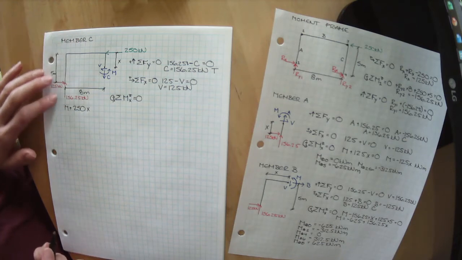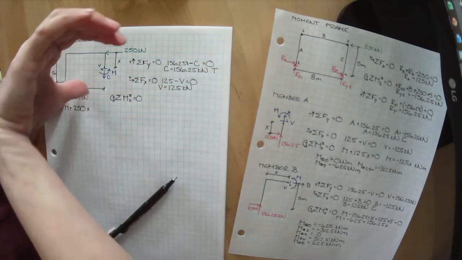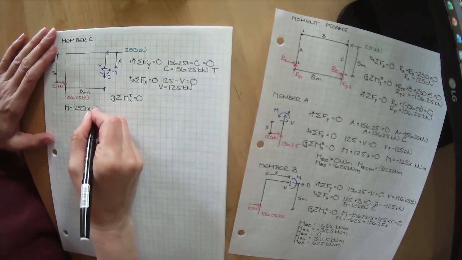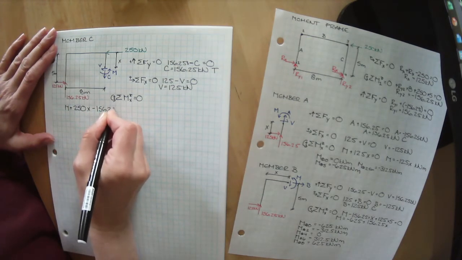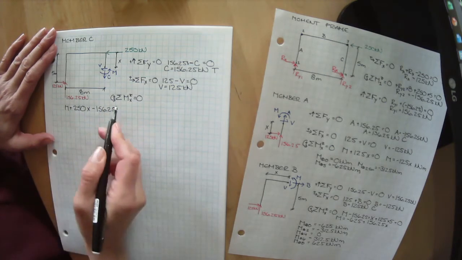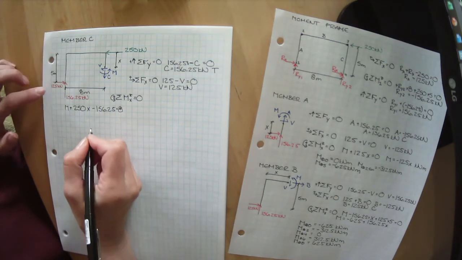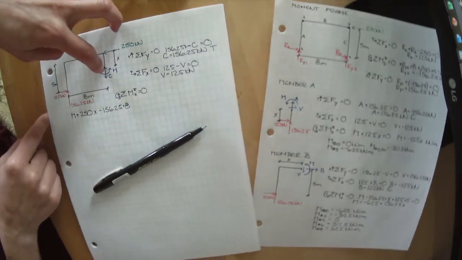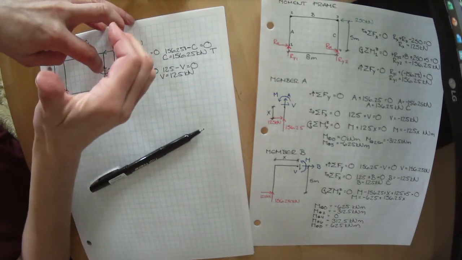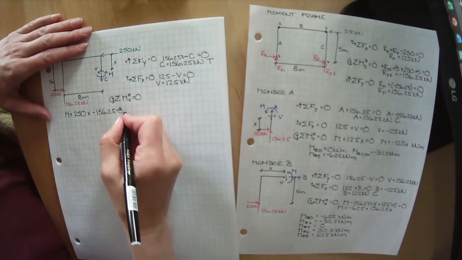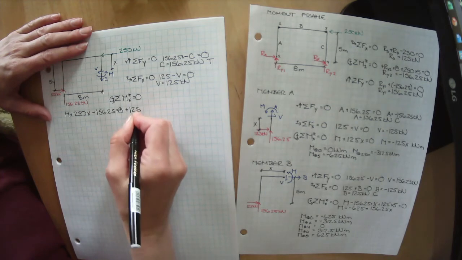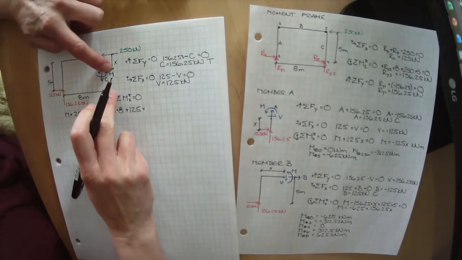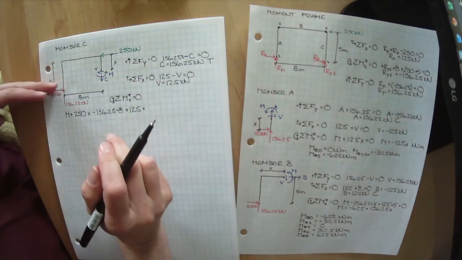We have our 156.25 kilonewtons trying to spin it in that direction, which is negative, so minus 156.25 times 8 meters. And then we also have our 125 kilonewtons trying to spin it in that direction, which is positive, so plus 125 kilonewtons times this distance here, because it passes along this plane.